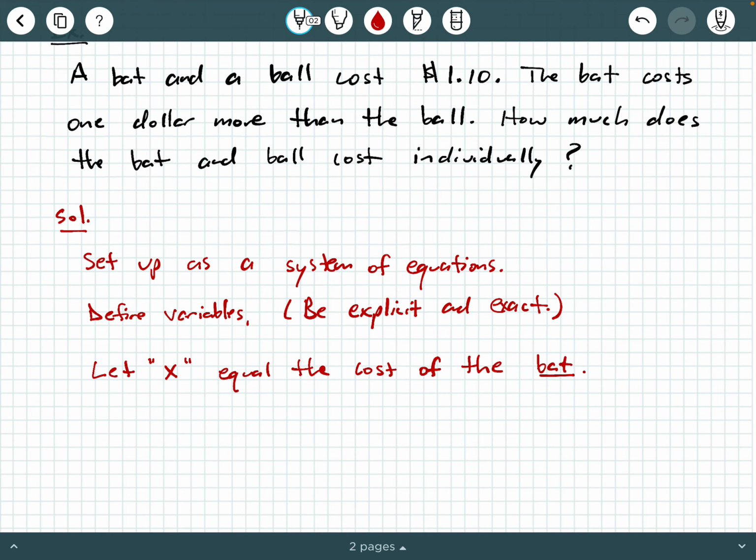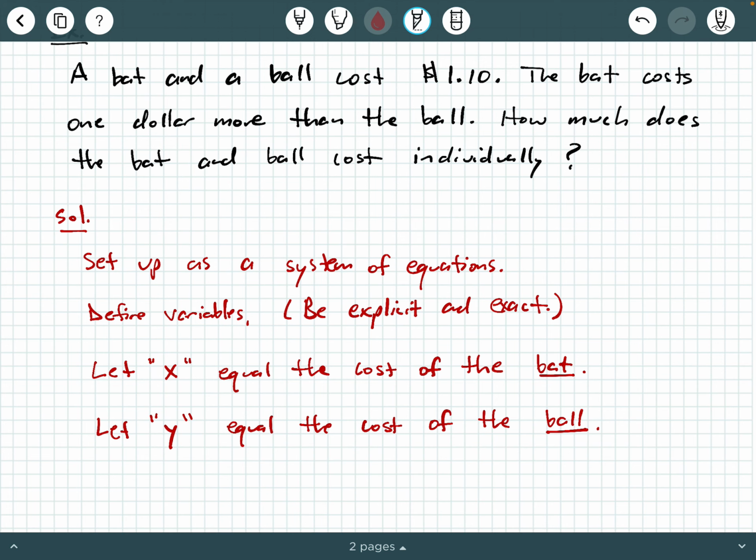Okay, notice I'm being very literal here. I'm not saying let x be the bat, okay? You don't say let x be the bat. You say let x equal the cost of the bat, all right? And then we're going to say let y equal the cost of the ball. All right, and again, be very exact. You do not say let y be the ball. That's not really correct. You say let y equal the cost of the ball.